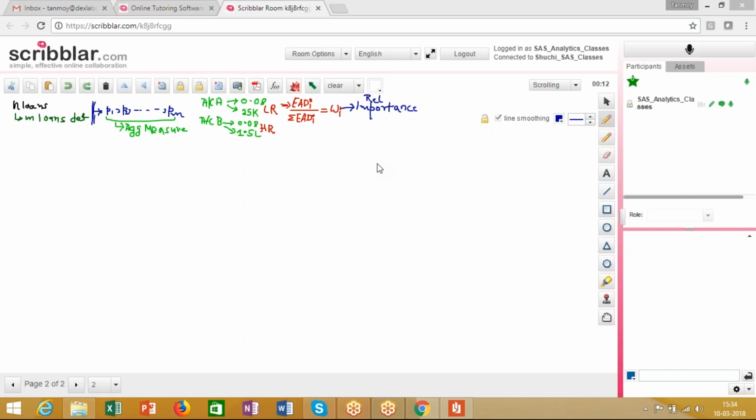Basically the idea is that there are these two accounts with 0.08 for both account A and B. If account A goes into default, the bank at max loses 25,000. If account B goes into default, the bank loses 1.5 lakhs. So the exposure that the bank has from account B is much more.